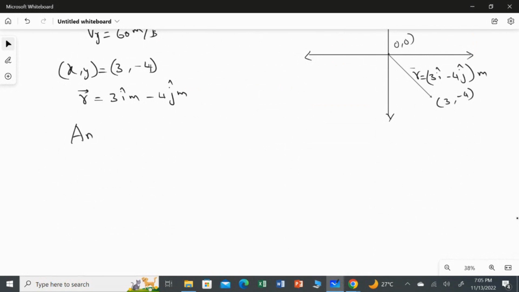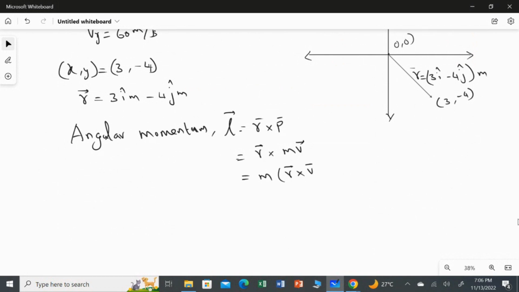The angular momentum formula is given by L vector equal to r cross p, right? So this rule we studied. We can write r cross m multiplied by v. If I take out the mass, because mass is a scalar, you'll get r cross v, right?